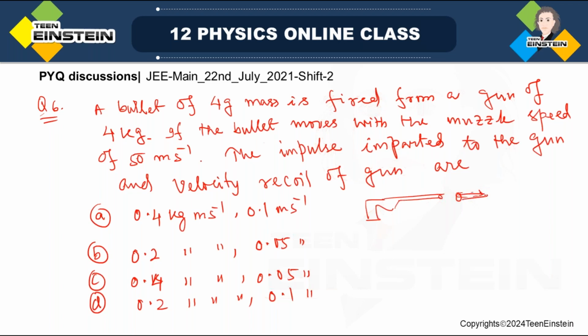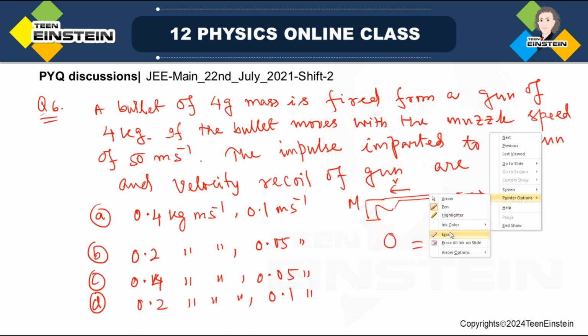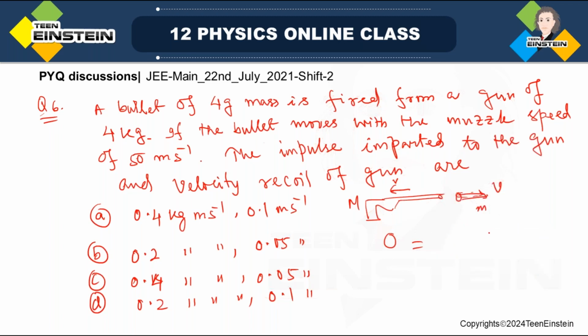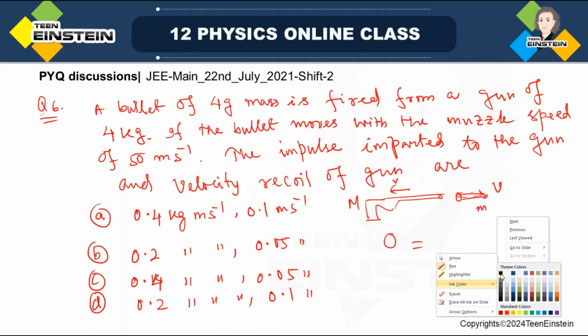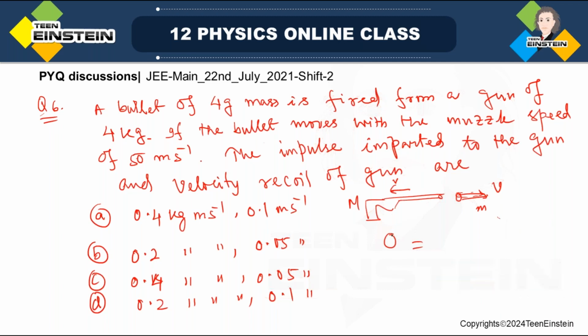It comes out of this gun and moves with velocity small v, and it has mass small m, and the gun recoils with velocity capital V, and it has mass capital M. Initially both were at rest, so from the conservation of momentum, initial momentum was 0, final momentum will be MV plus small mv.